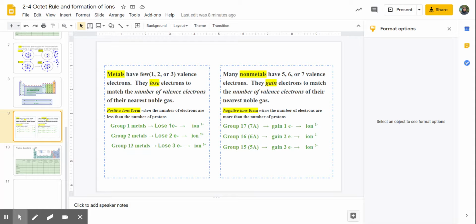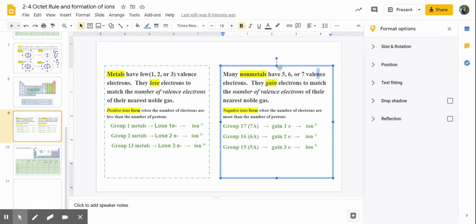Non-metals, which are in group 5, 6, or 7, have 3 less, or 2 less, or 1 less electrons to make it full. So they'll gain those electrons that are short, and it'll become the negative ions as outlined here.